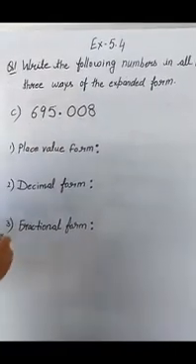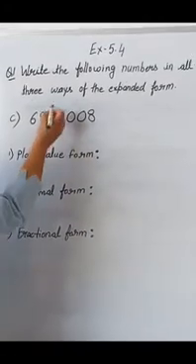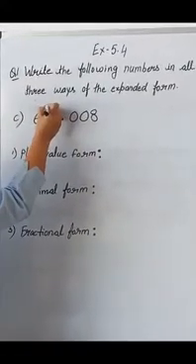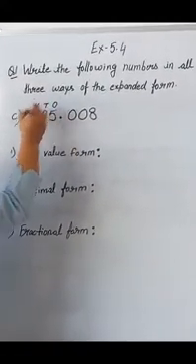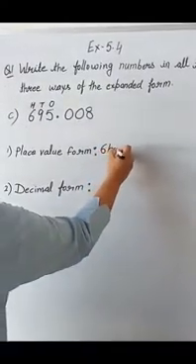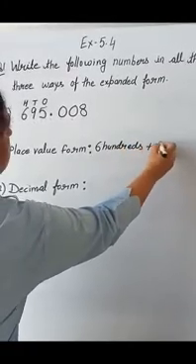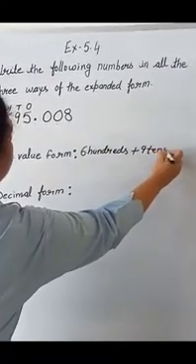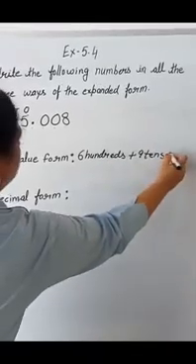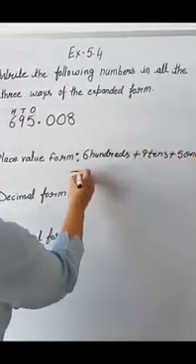Now part C is 695.008. We will write it in expanded form. First we will write the place value form. 5 is on the ones place, 9 is on the tens place, and 6 is on the hundreds place. So we will write 6 hundreds plus 9 tens plus 5 ones plus.